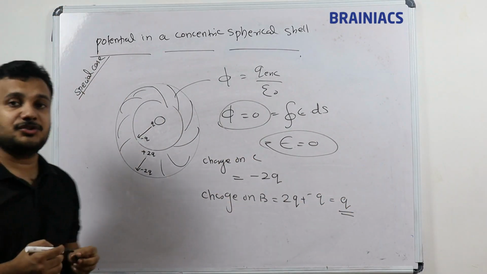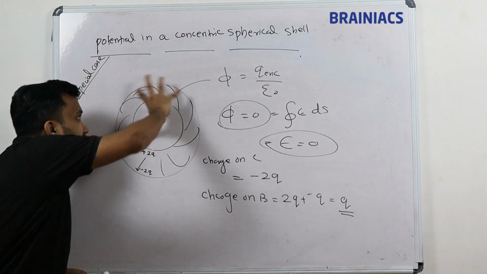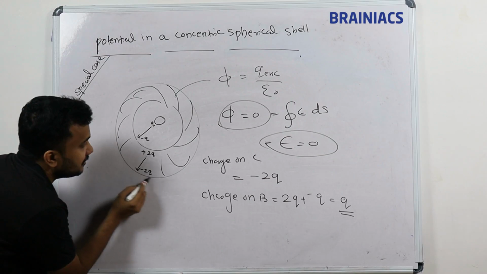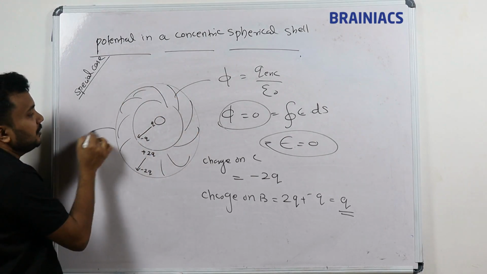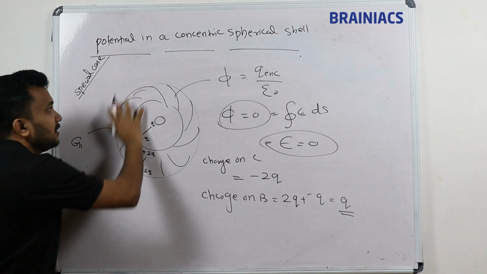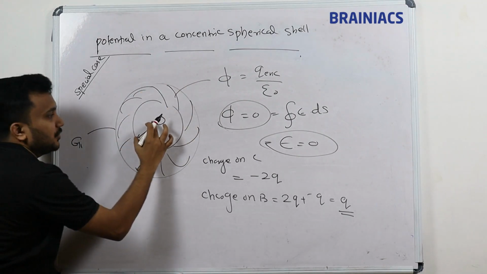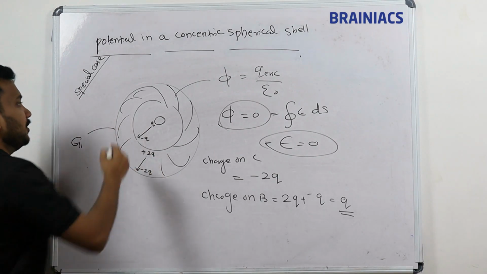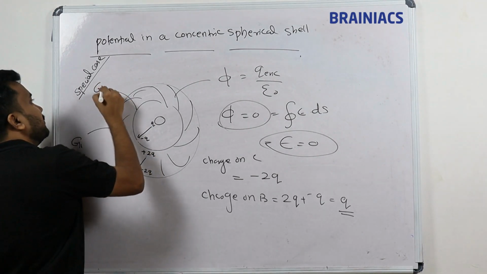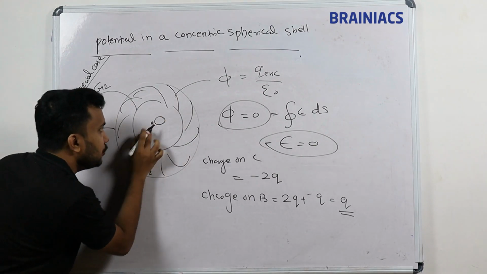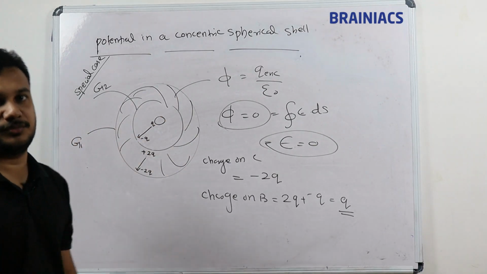Okay, this you always have to remember in between the spaces. If you consider this Gaussian surface, this is the outer one, Gaussian surface number 1. What is the total electric flux within? Minus q plus q is 0, plus 2q minus 2q is 0. Electric flux will be equal to 0. If you consider this Gaussian surface G2, within this the charges enclosed are minus q plus q, which is equal to 0.